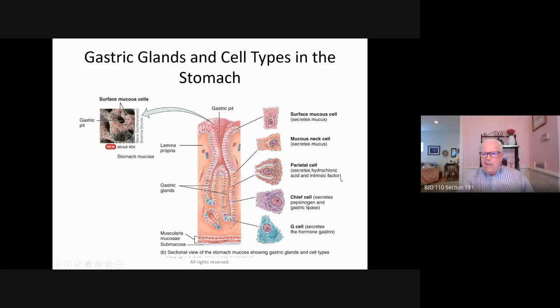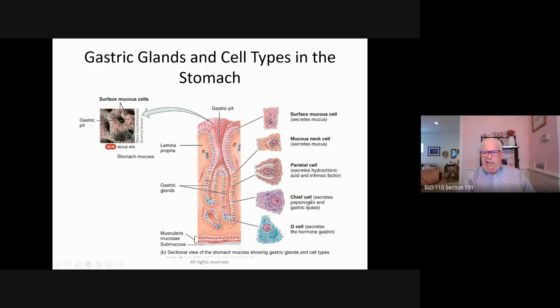Intrinsic factor. The parietal cell secretes intrinsic factor. Without intrinsic factor, you cannot metabolize vitamin B12. And you know from your blood system that vitamin B12 is essential in the DNA of red blood cells. So the parietal cell secretes hydrochloric acid and intrinsic factor.